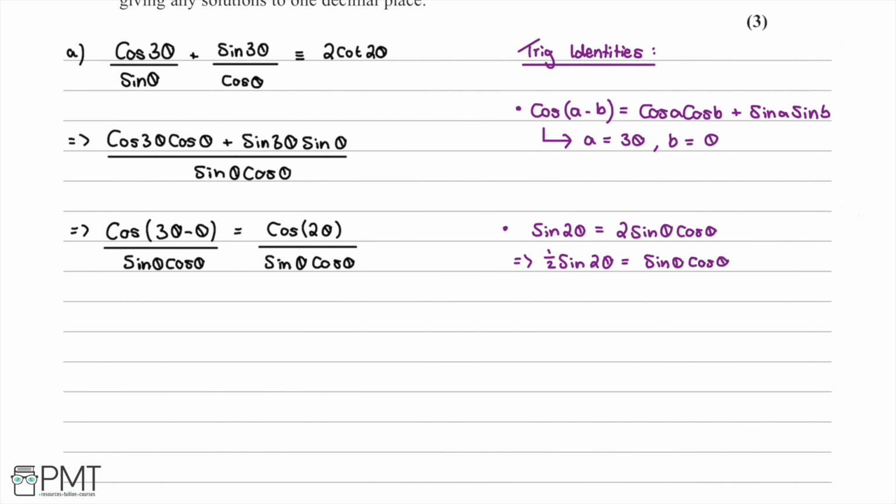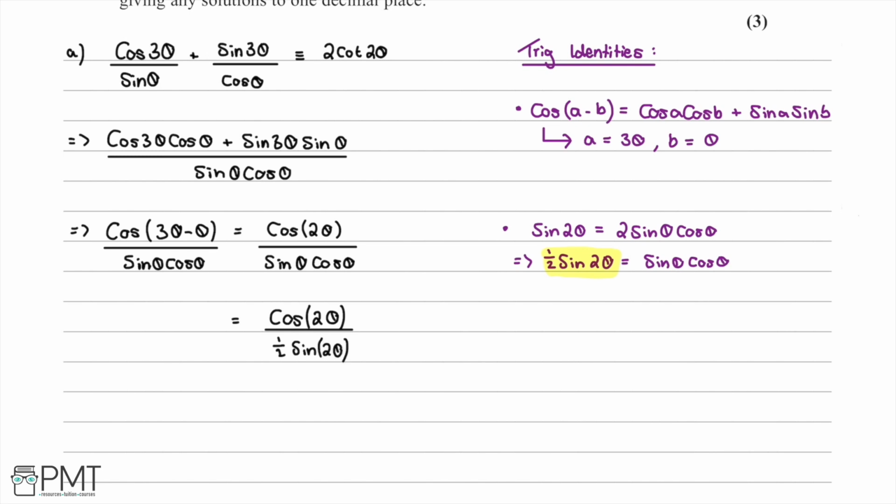So what we can then do is replace sine theta cos theta with 1/2 of sine 2 theta. Therefore, this is equal to cos 2 theta divided by 1/2 sine 2 theta.